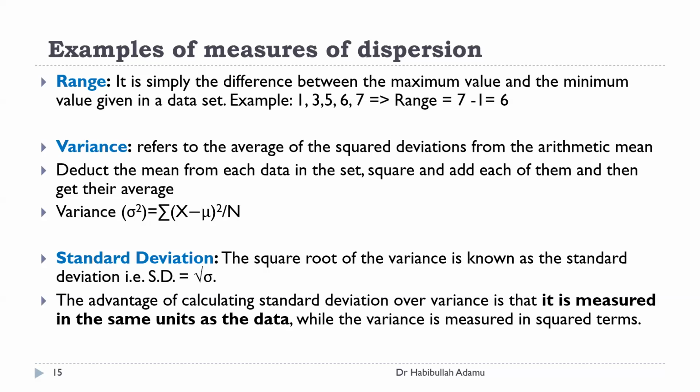For example, the values that we used in the previous example, the ages of the 5 children, 5 patients, 3, 4, 3, 6, and so on and so forth. What variance does is to measure the difference between 3 and 4, the difference between 3 and 6, 4 and 6, and so on and so forth.